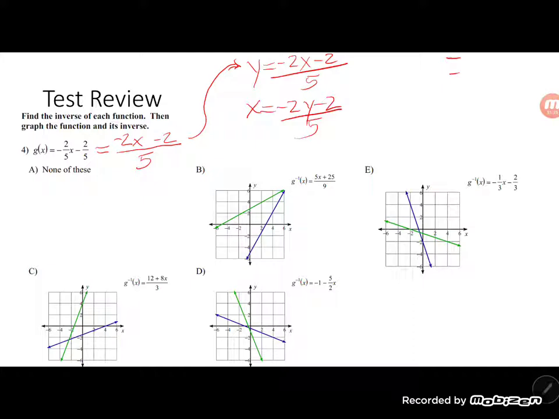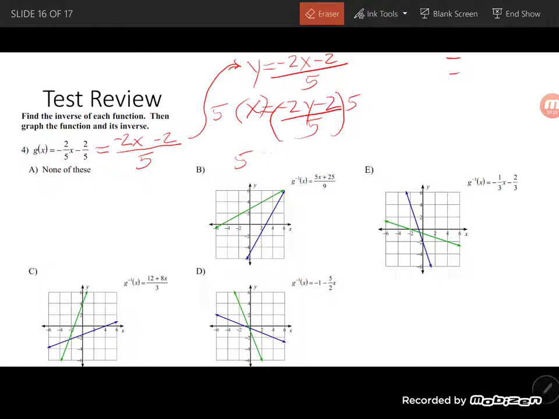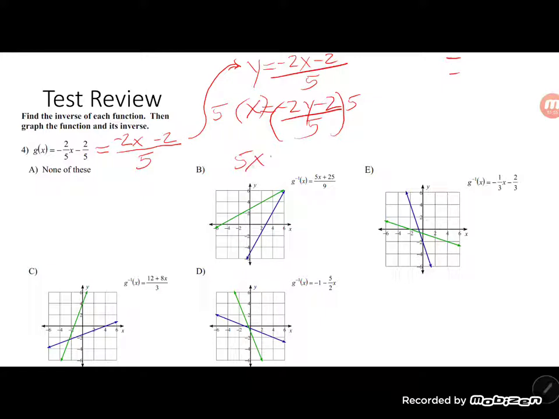And then we want to go ahead and solve for y. So we're going to solve for y by multiplying by 5 on both sides. And that's going to give us 5x is equal to, those 5's are going to cancel, and so we'll have negative 2y minus 2.